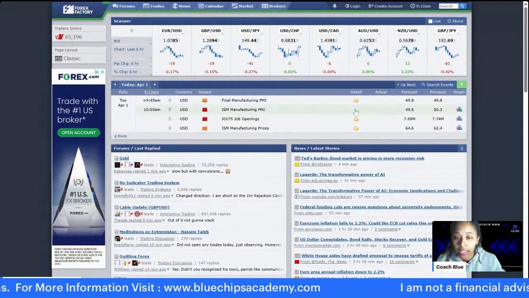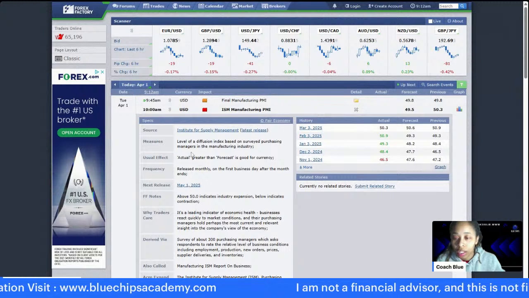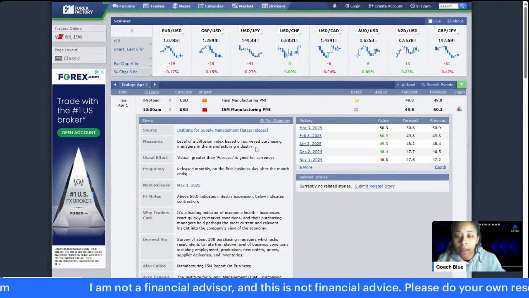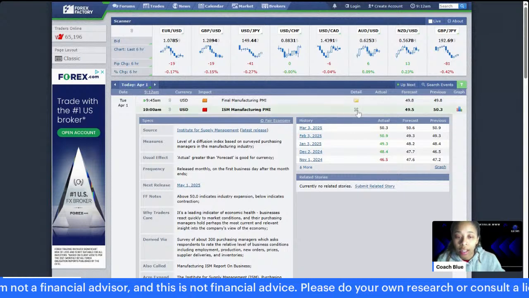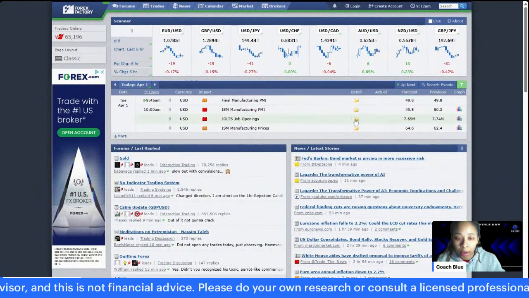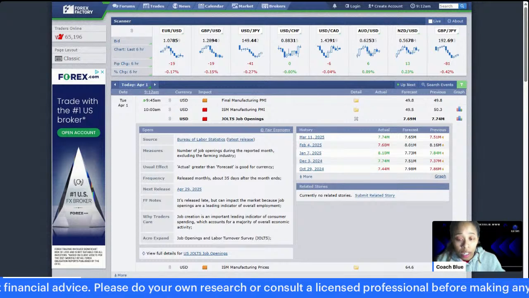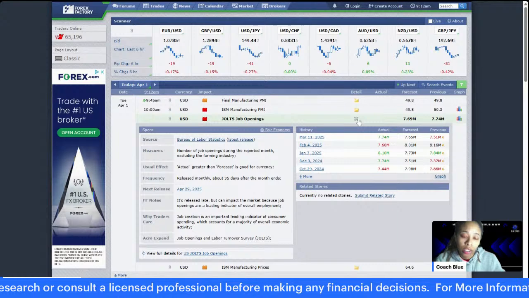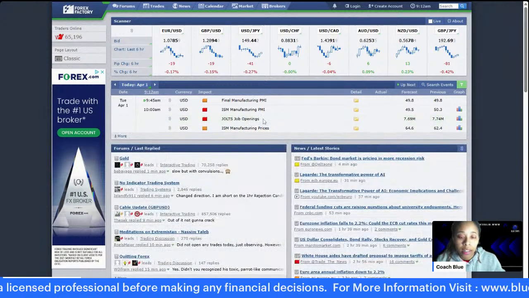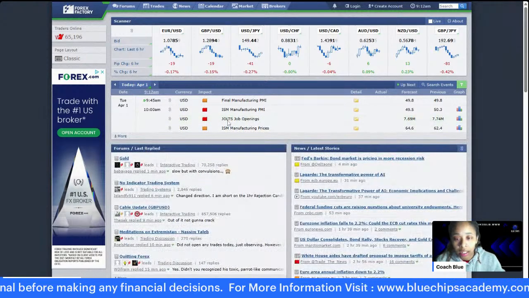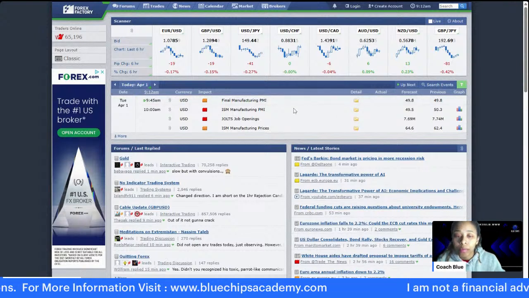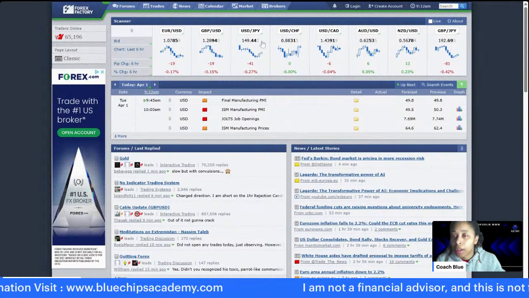If I click on this folder, it says level of diffusion index based on a survey of purchasing managers in the manufacturing industry. The JOLTS job openings is the number of job openings during a reported month, excluding the farming industry. So you can imagine that if it's positive, there are probably more job openings, and if it's negative, there are fewer. That's where we are in regards to the news.